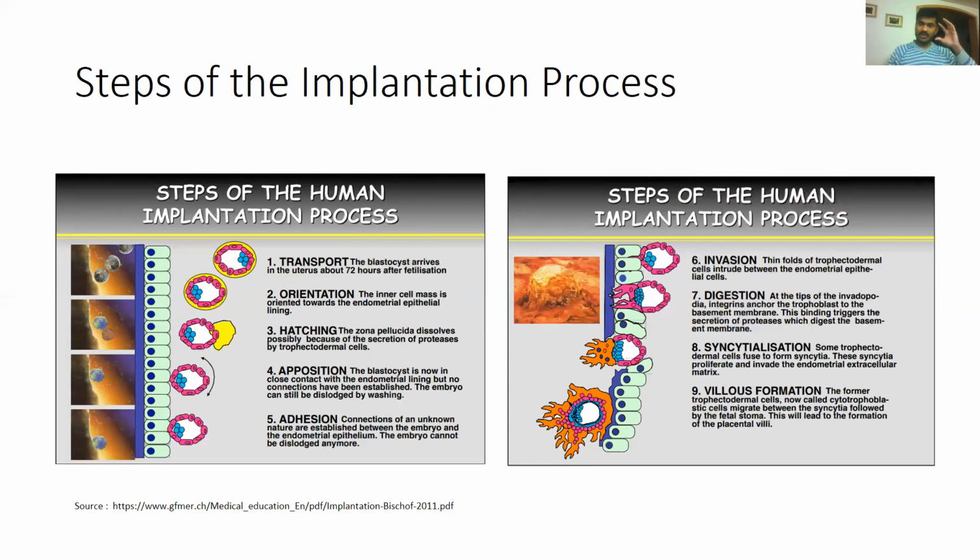That is called hatching. And then the cell comes in close contact with the endometrium lining and then gets in. If you look at the next step, it is called literally invasion. Okay, it is just attacking the outer endometrium lining. It erodes and then gets in. So we will see what hatching means next.